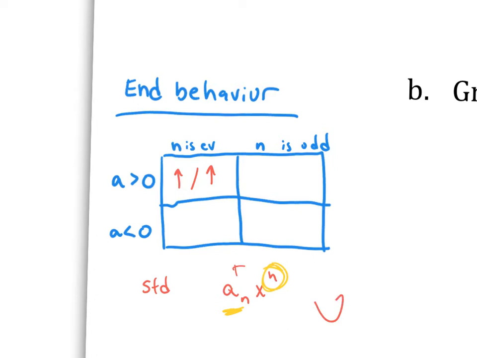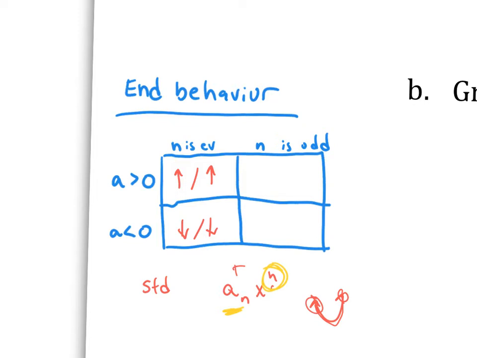So it starts up and ends up. The same thing applies here, but we flip it. So instead of up, up, this flips to down, down. Those are my two options when n is even.